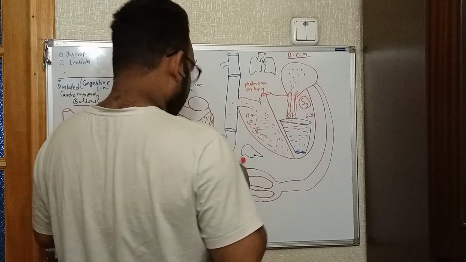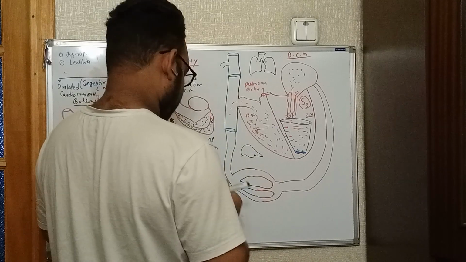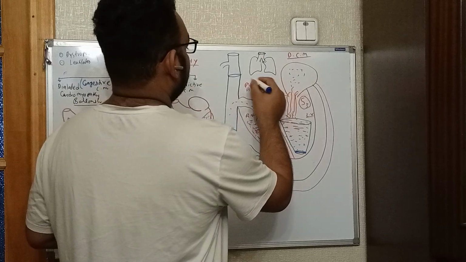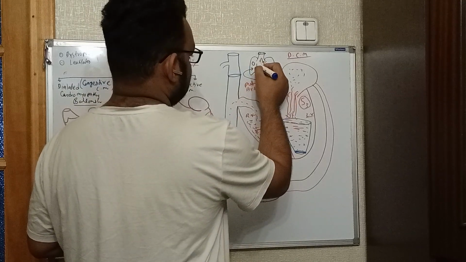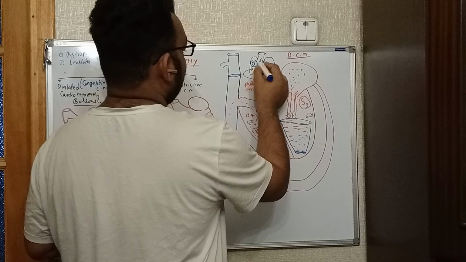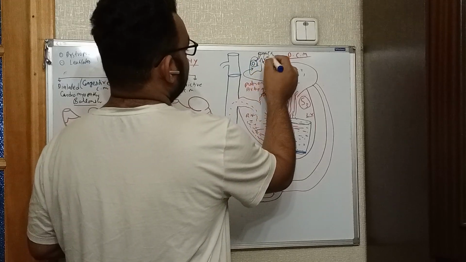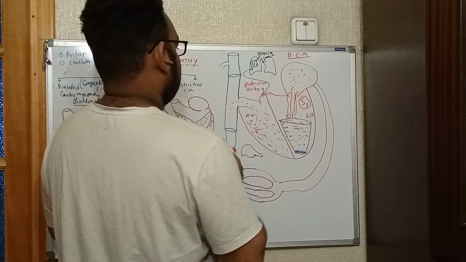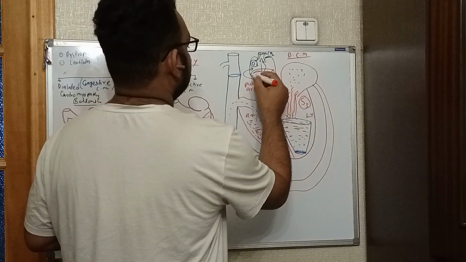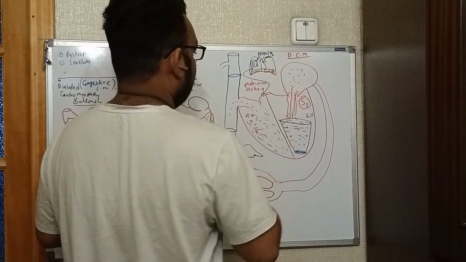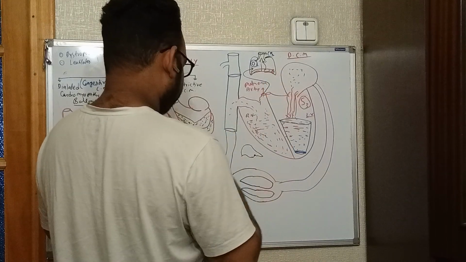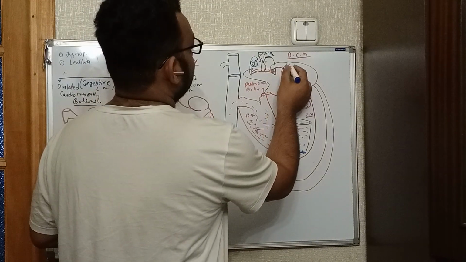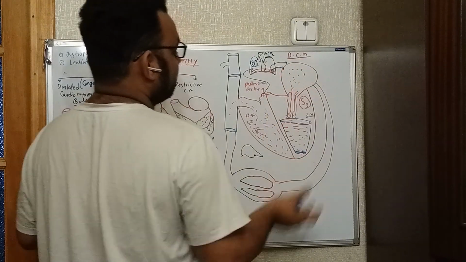Whenever the blood goes from here, it will come to the lungs for oxygenation, for purification. The oxygen will be taken, and the carbon dioxide will be expelled out. That is a different topic. Then this oxygenated blood will be sent by the pulmonary vein to the left atrium, and from the left atrium to the left ventricle.